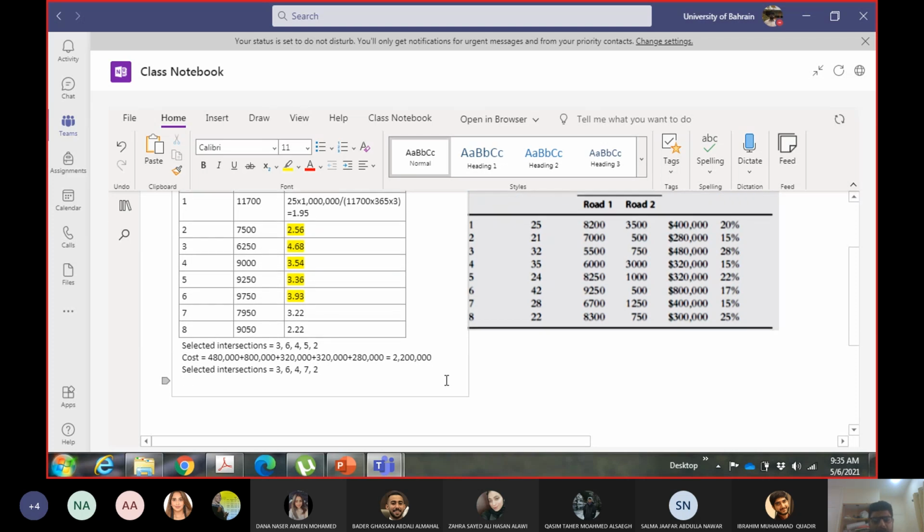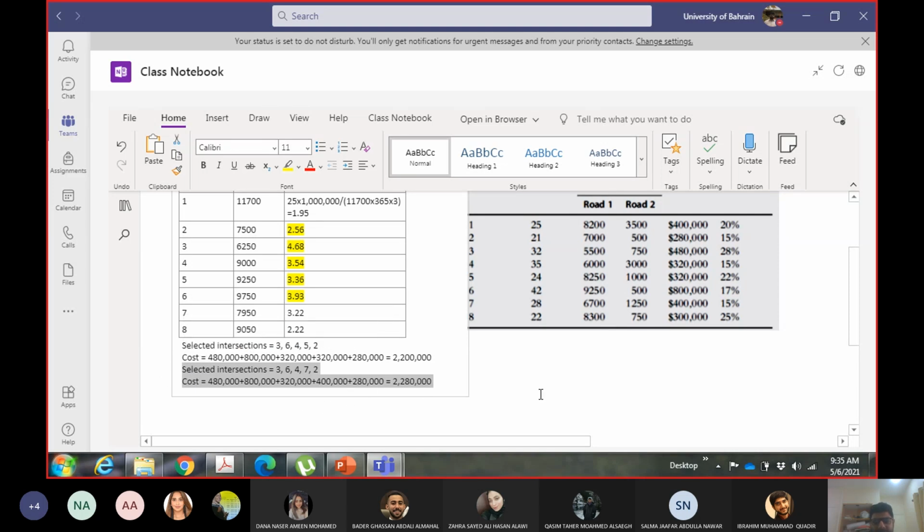And the cost will be like we have already calculated. $2 million. So this is one approach which is totally based upon the cost.